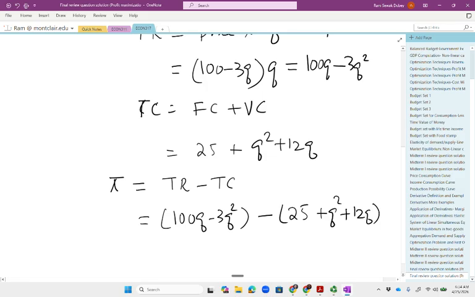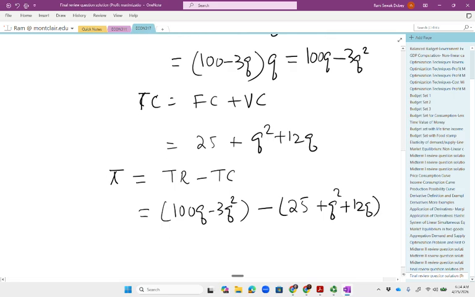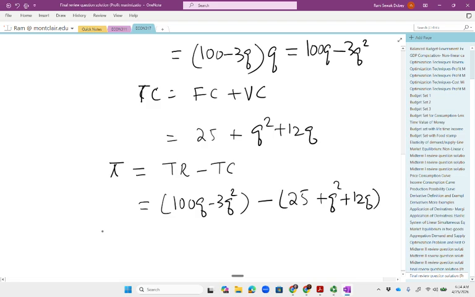I wrote the total cost in parentheses because there is a negative sign in front of it, and it is easier to simplify the expression this way. So now I will remove the parentheses to simplify.